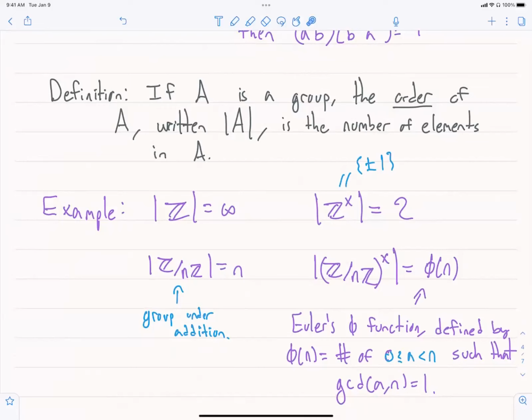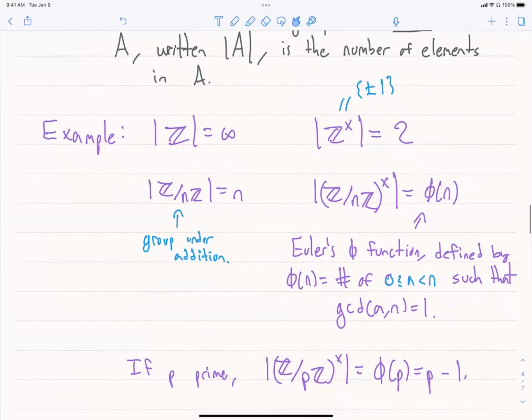Good, so we call that number phi of n. So this is called Euler's phi function. And so phi of n is just defined to be the number of a between 0 and n minus 1, so 0 less than or equal to a and a less than n, that are coprime with n, or have GCD 1 with n. And another way to think about that is that it's just equal to the order of this group, Z mod nZ cross.